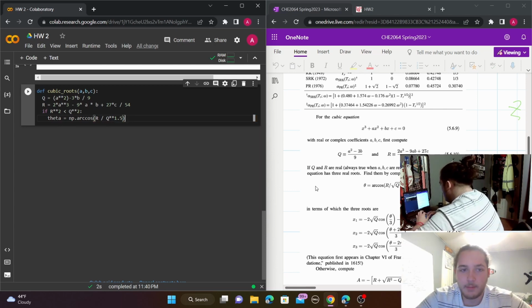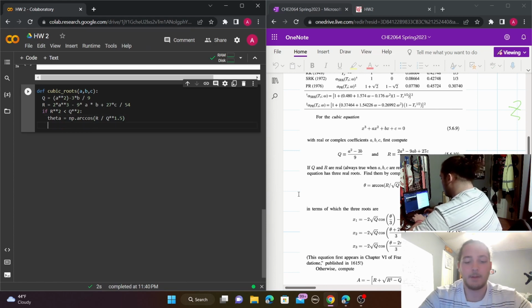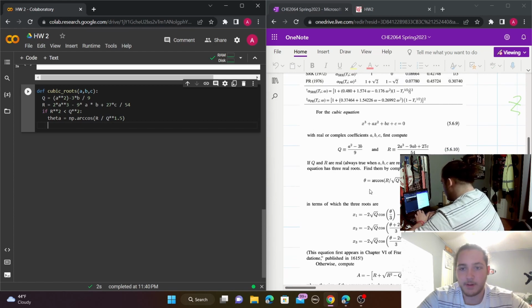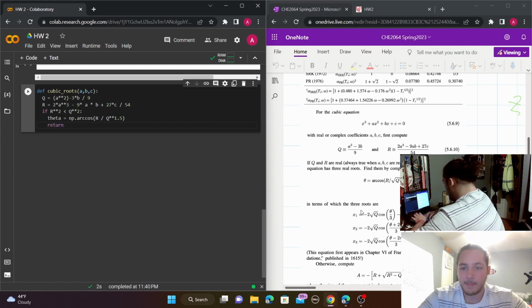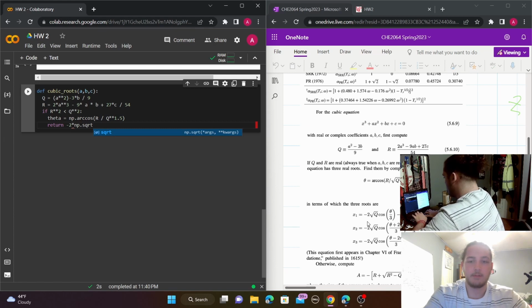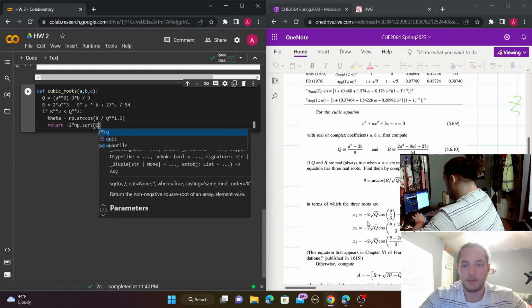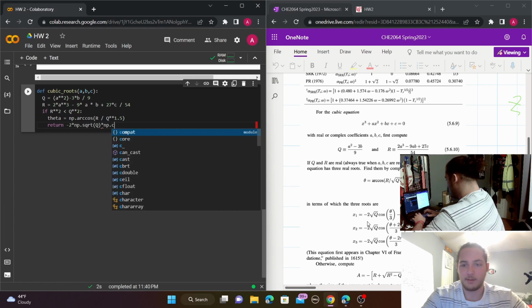So now we will be able to return the 3 roots that we would solve for in this case, that r squared is less than q cubed. So we can go ahead and return. And so first we have negative 2 times np.sqrt of q times np.cos.